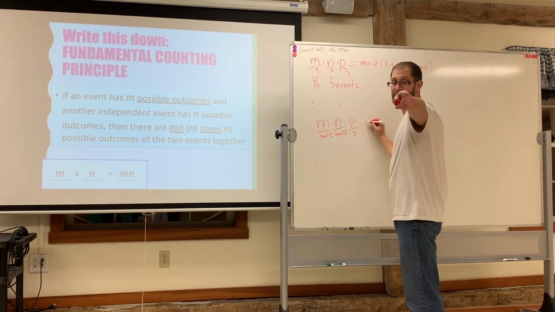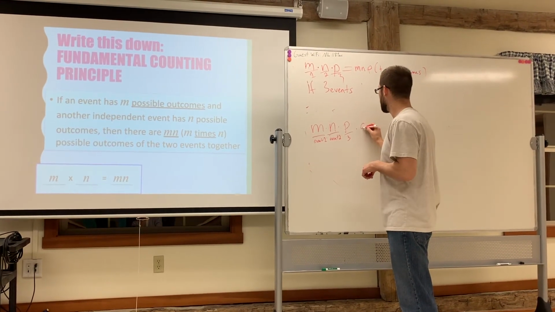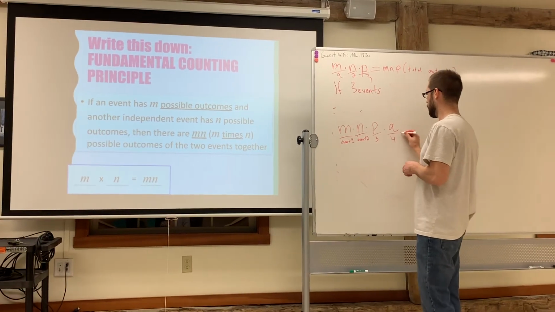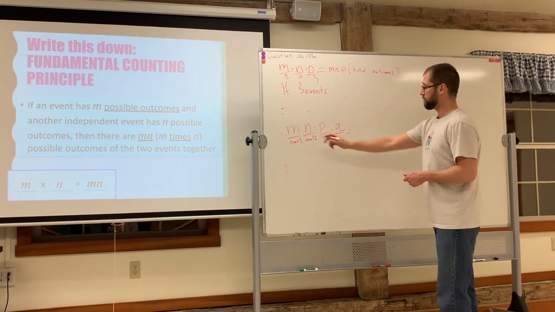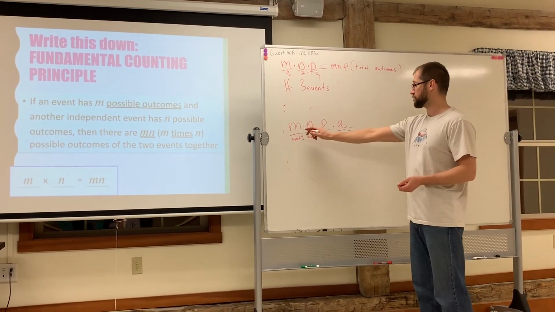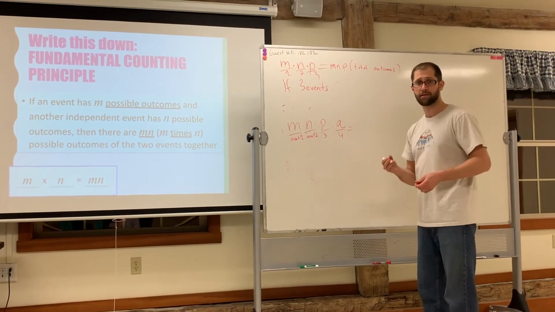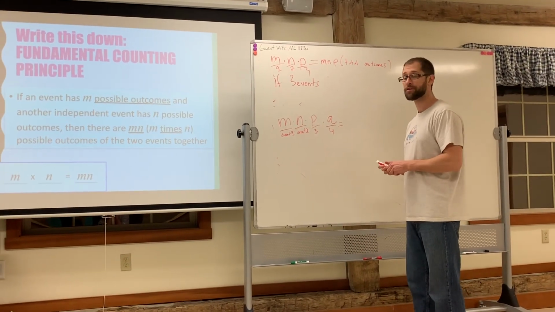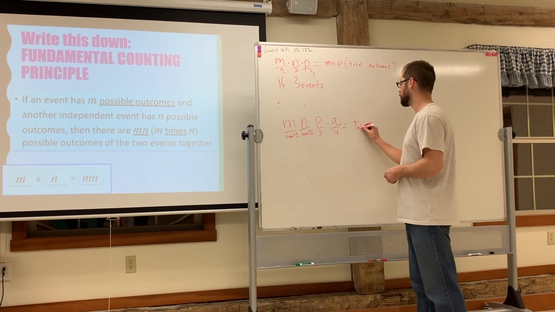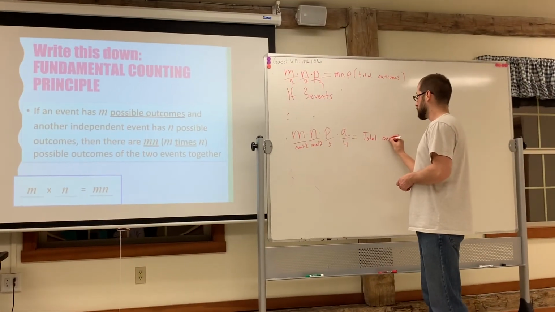LMNOPQ. I know the alphabet. I teach math, not English. I'm sorry. Q would be event 4. So if you had 4 events, you'd multiply the first, second, third, and fourth event number of outcomes together. That gets you total outcomes.